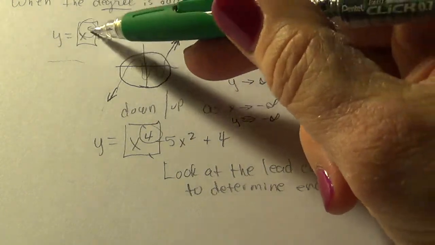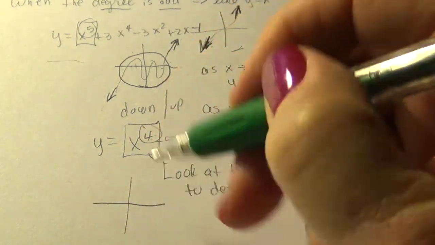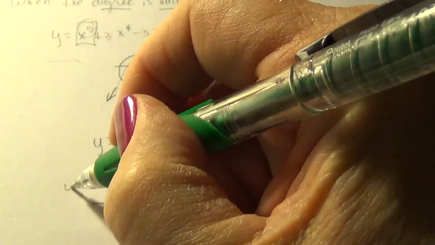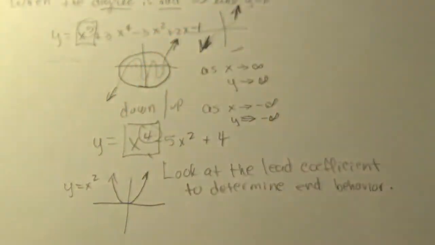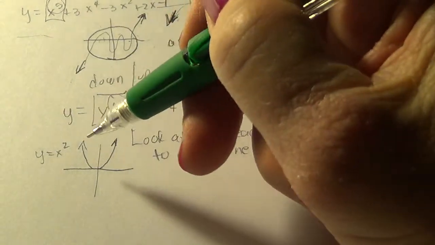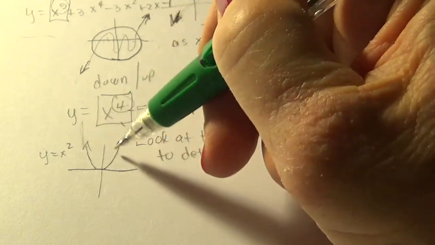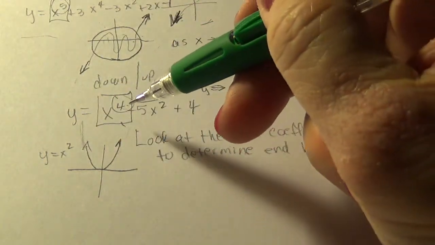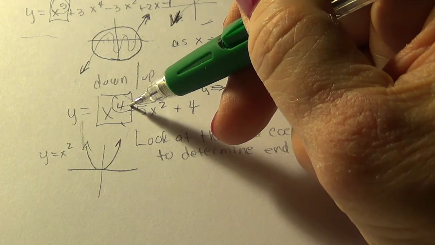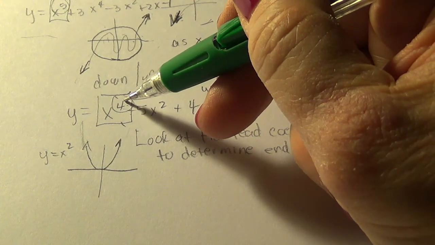Similar to what our thoughts were up here, when it's even, it's going to act like the basic parent function, y equals x squared. Because y equals x squared is going up on the left and up on the right, we would expect similar behavior for any function with an even degree.